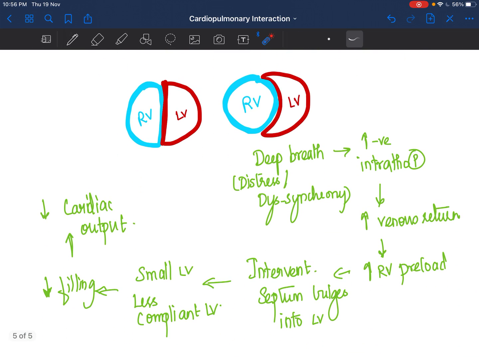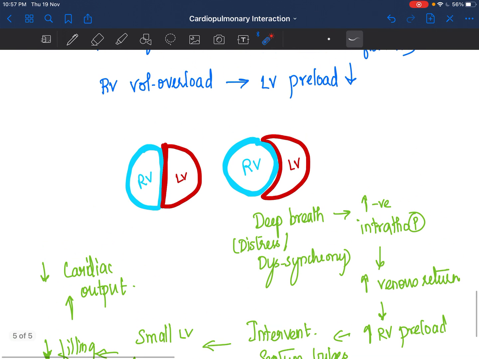Last but not the least, let us just touch upon this one topic. So, you have your right ventricle and your left ventricle. Imagine the patient is fighting with the ventilator, the patient wants more breath and you are not giving breath. So, the patient tries to take a very deep breath. A deep, spontaneous breath means increased negative intrathoracic pressure, resulting in increased right ventricular volume, because there is increased venous return. This sudden increase in volume can result in bulging of the wall into the left ventricle.